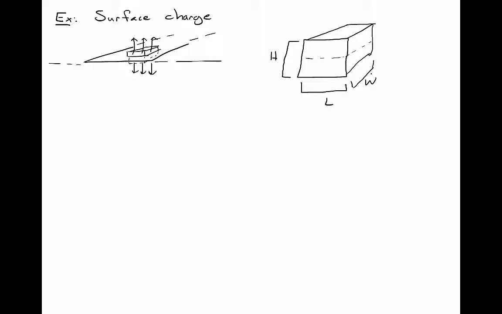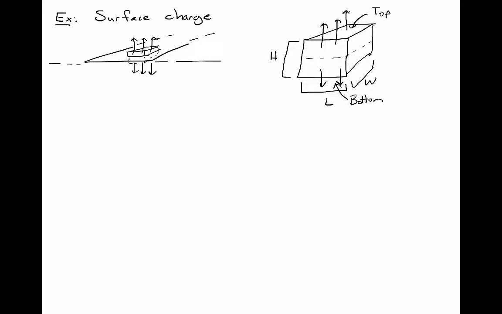Okay, so we want to think about what flux we need to calculate in this situation. So we know that our electric field on the top half is going up, on the bottom half is going down. So through the top half of the box, the flux is positive. Through the bottom of the box, the flux is also positive, right?